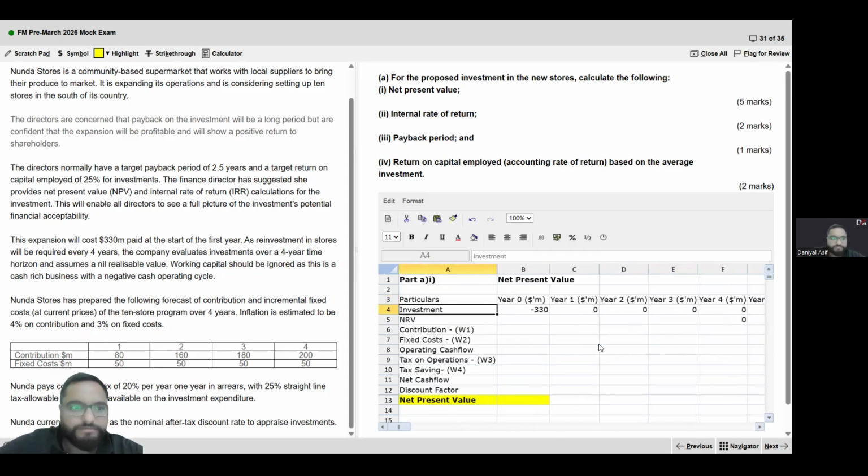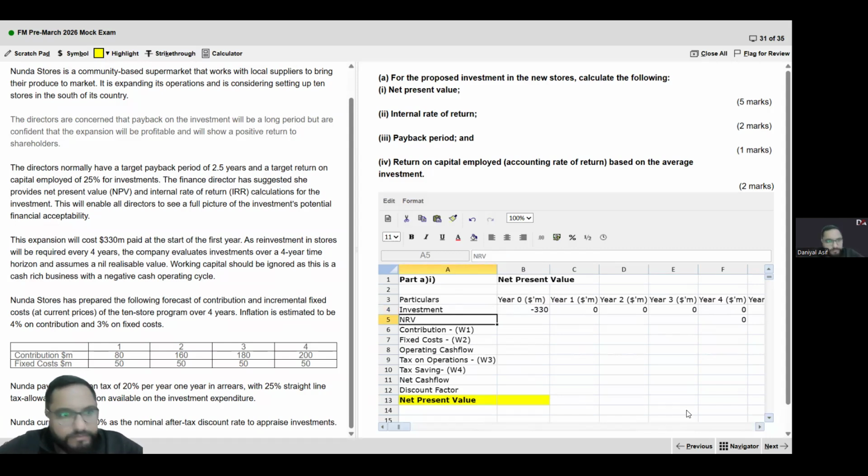Because in the question, in the second last paragraph, Nanda pays corporation tax of 20% per year, 1 year in arrears. Because we are going to pay 1 year in arrears, the tax on the profit of year 4 is going to be paid in year 5. That's why I've included year 5 in my format.